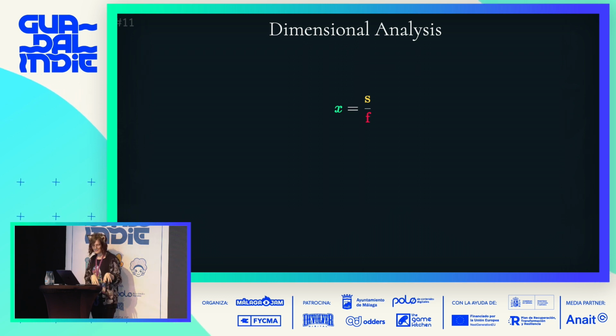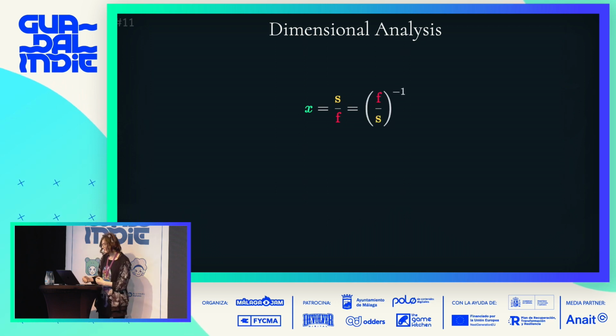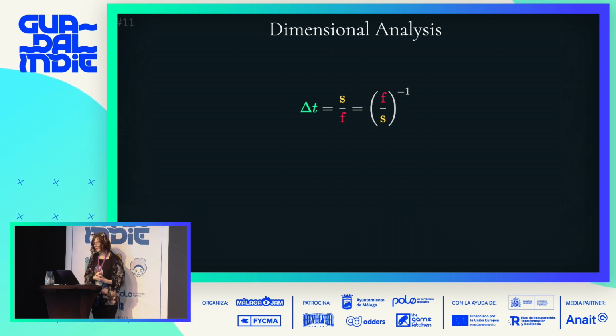It's not quite the thing you're familiar with, which is probably frames per second. In other words, frames per second is the inverse of seconds per frame. So this inverse also goes under a different name. It's known as delta time. And delta time is really just the time since the last frame, or the duration of the current frame.